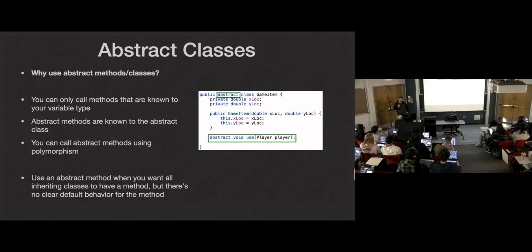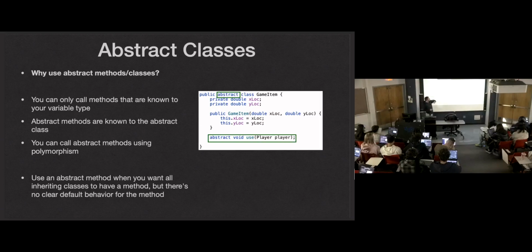Yep. So if an abstract class is extending some other class, will its method be overridden with the abstract method if they have the same name? Oh, yeah, that's a good question. I don't think so. I think it would just keep the definition untouched, but I'm not 100% sure on that.